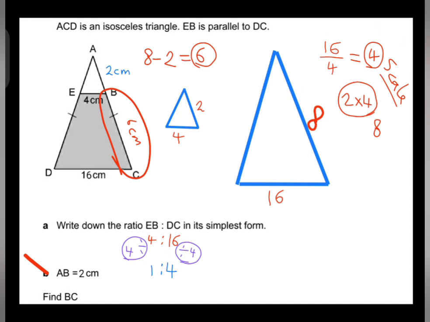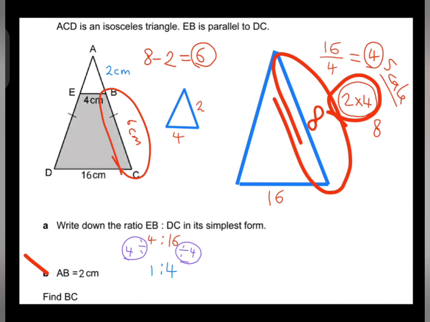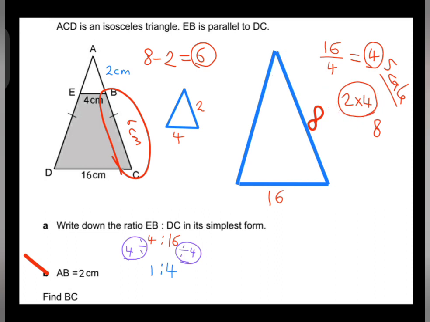We used the scale to find the large side by multiplying. So when you find the large part, you multiply the small part by the scale factor. And when you find the small part, you just divide the large part by the scale factor. And then we used the 8 to find the rest of AC, because we know AB is 2, so the rest is 6. And this is how I answer a question like this.